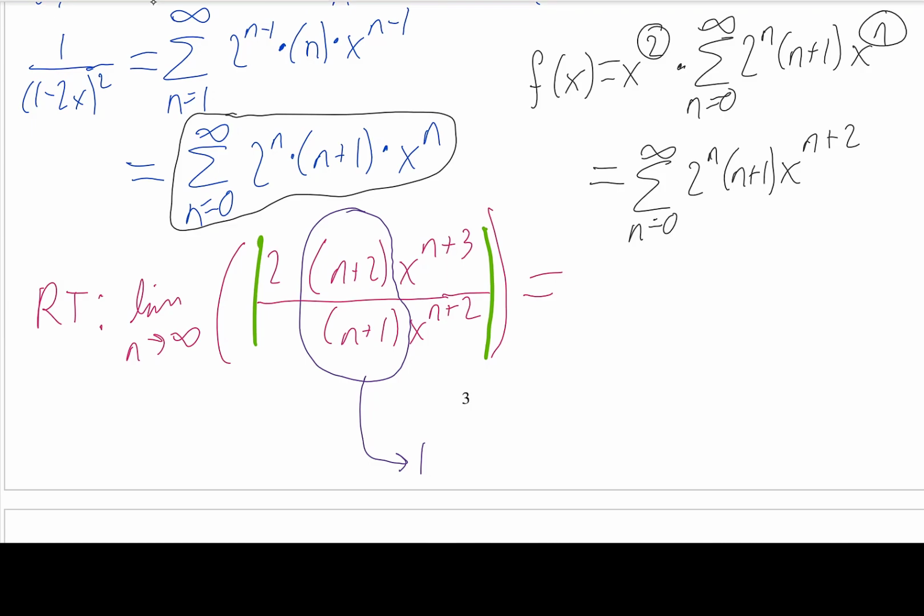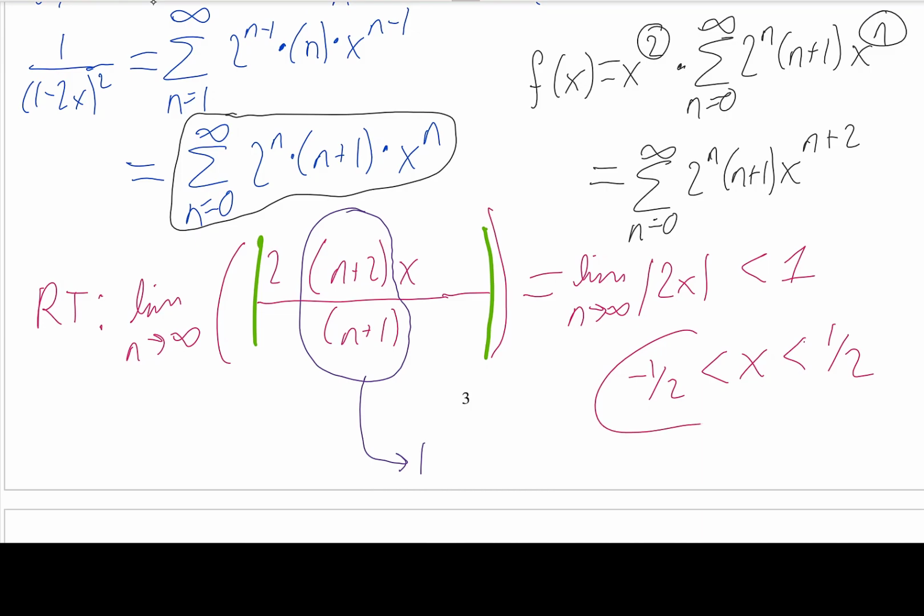And x to the n plus 3 over x to the n plus 2, well, that's just really equal to x, because we subtract exponents. So really, this is going to be equal to the limit as n goes to infinity of the absolute value of 2x, which we want, remember by the ratio test, to be less than 1. So that means that negative 1/2 is less than x, which is less than positive 1/2. Okay, which tells me that my radius of convergence is going to be 1/2.